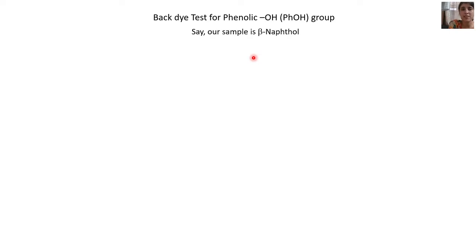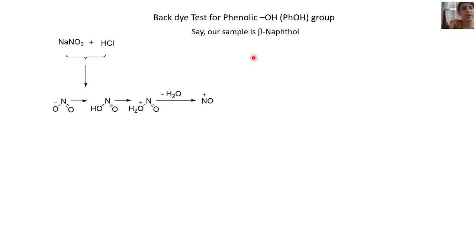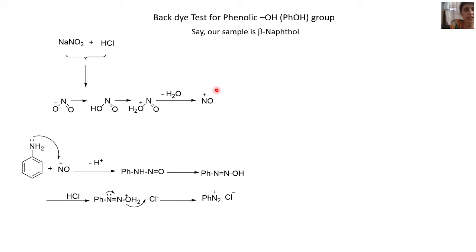Now the azo dye test for phenolic OH group. In this case, we are taking beta-naphthol as our sample. At first, we take sodium nitrite and dilute HCl in a test tube to generate nitrosonium ion, and after that we add this to the aniline dissolved in HCl, taken in a test tube.